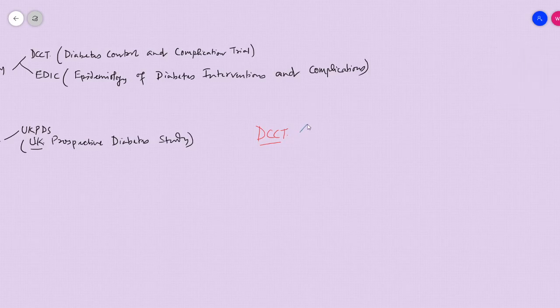The question that was asked was, if you give an intensive treatment, would intensive treatment reduce the frequency and severity of diabetes complications?